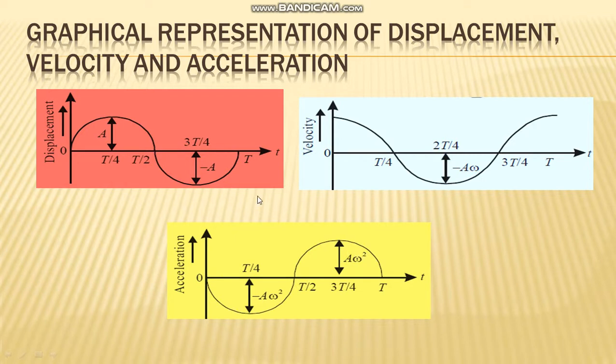When we observe displacement and velocity, there is a phase difference of pi by 2. Between velocity and acceleration, there is a phase difference of pi by 2. Between displacement and acceleration, there is a phase difference of pi radians.